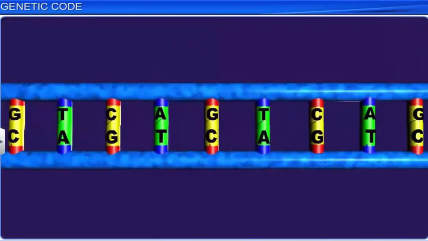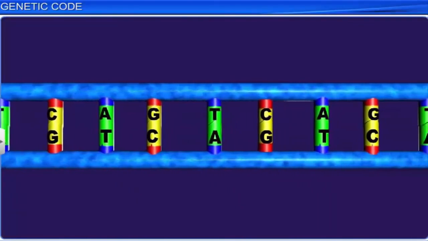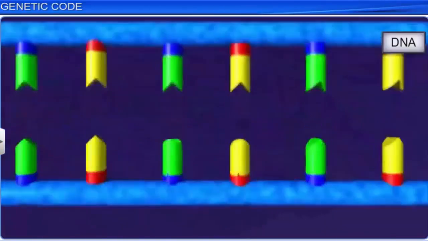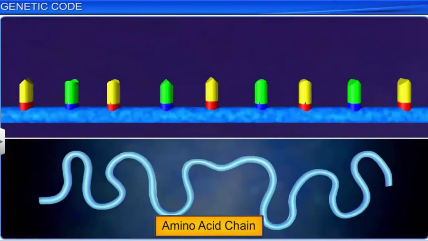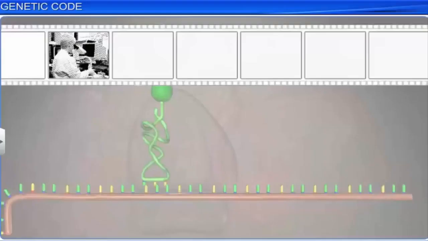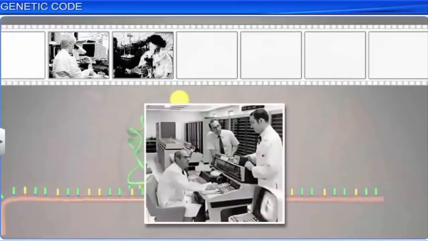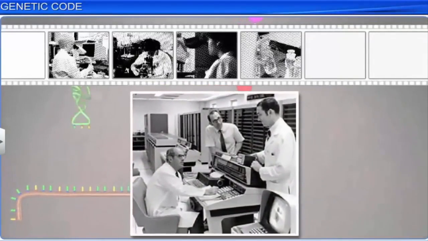They therefore suspected the presence of a genetic code, a set of rules in a gene that instructs a cell on how to synthesize a particular amino acid from the nucleotides of an RNA strand. The scientists now had only one aim: to decipher this genetic code.